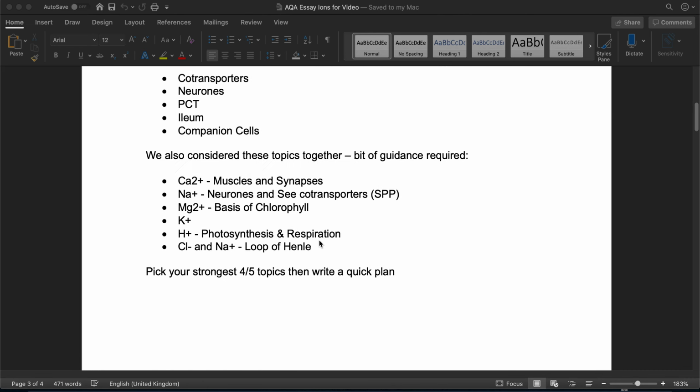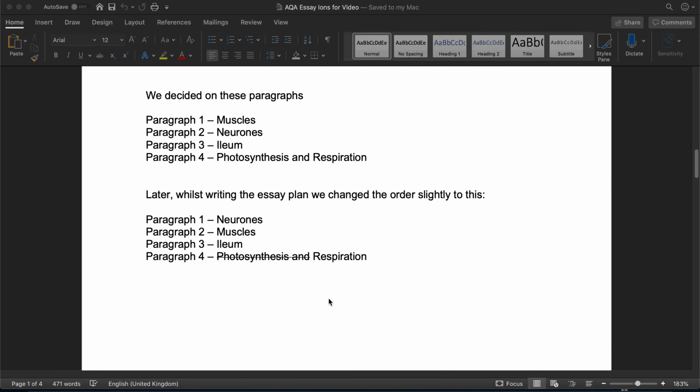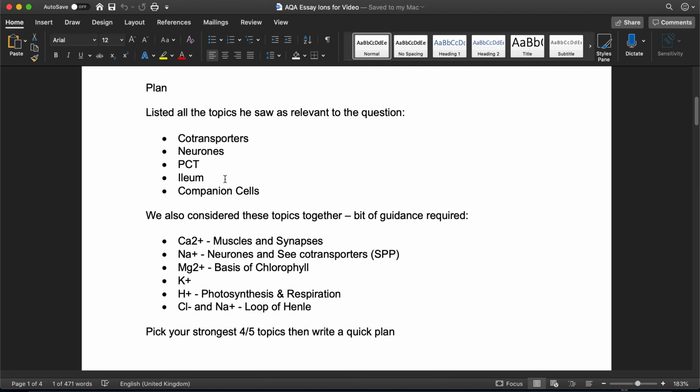And obviously it needs to be accurate, because if we just finally look here, no significant errors or irrelevant material, needs to be A-level content. And what I'd finally say about top marks in the band: the answer shows evidence of reading beyond specification requirements. That is a tricky one. What I would recommend, you could possibly look up a few external, beyond the specification bits of information, small bits, because you really don't have enough time to put loads in, maybe about respiration or maybe about the sodium potassium pump.